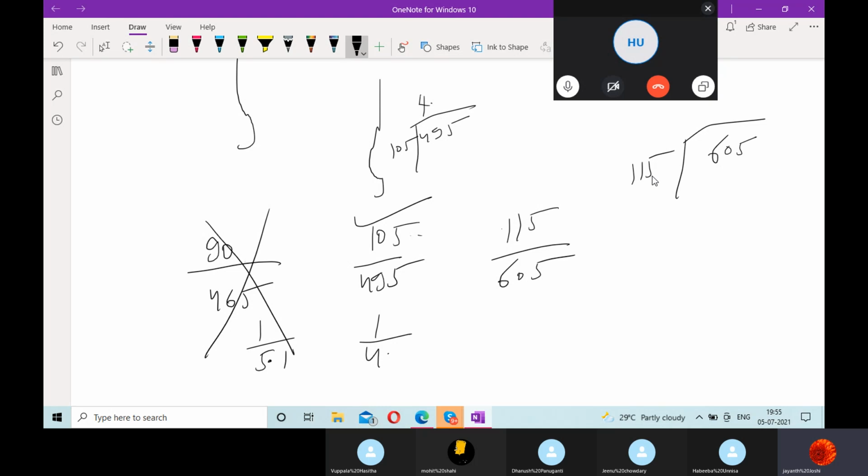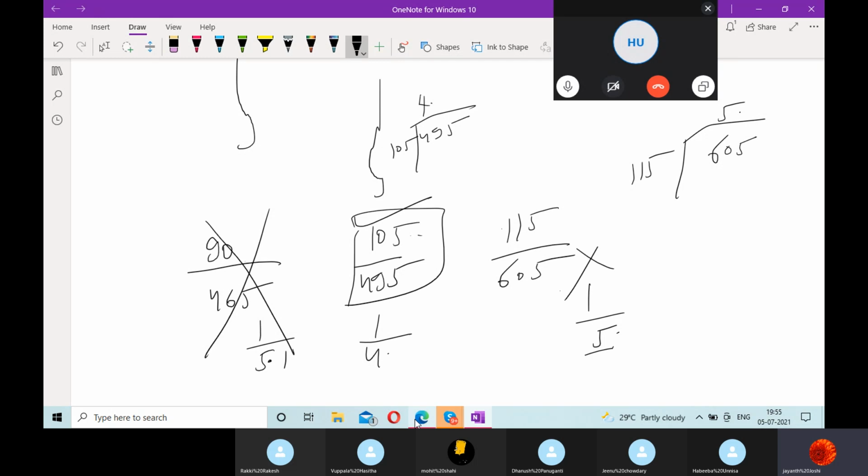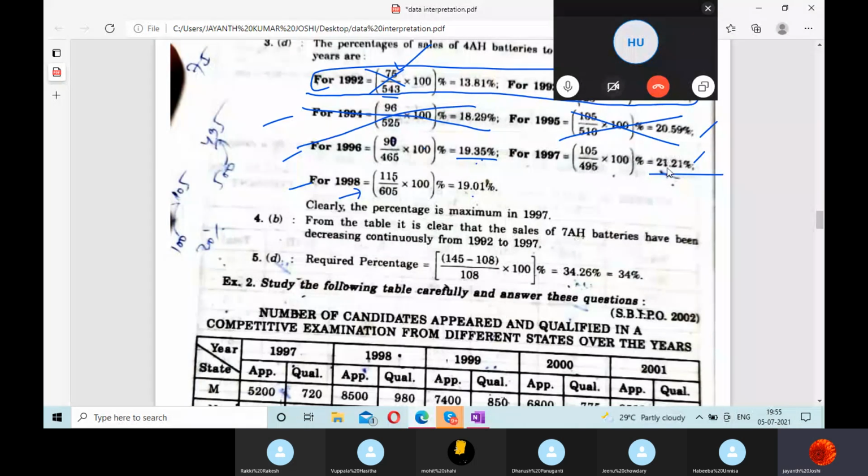Okay. And here I will just get 5 point something. So this one also be 1 by 5 point. The bigger the number in denominator, the smaller the fraction. So what is the answer? 105 by 495. That is 21.11. This is the answer. All of you just make a note of this.